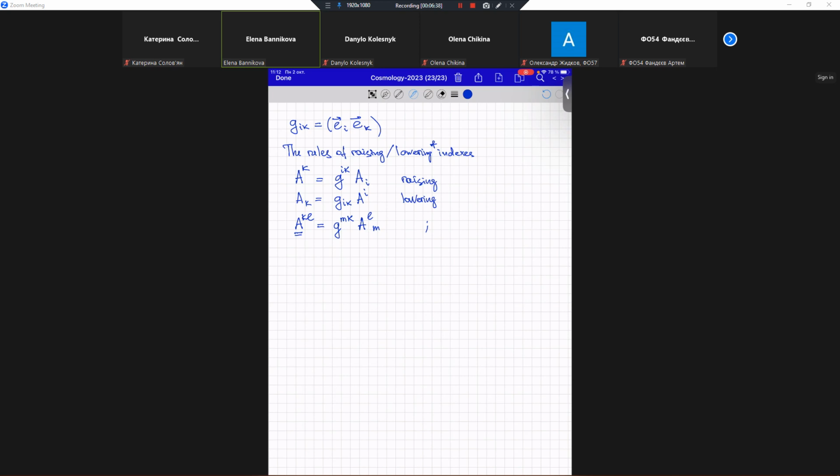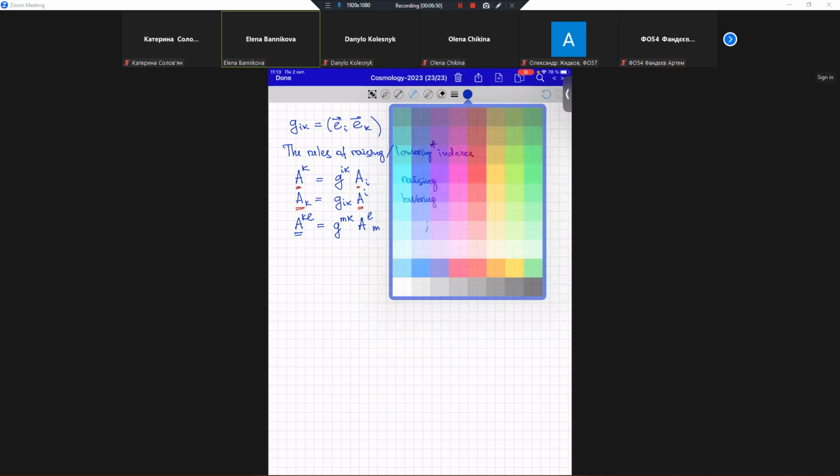Here we move from the contravariant component to the covariant, here otherwise. This is the procedure.